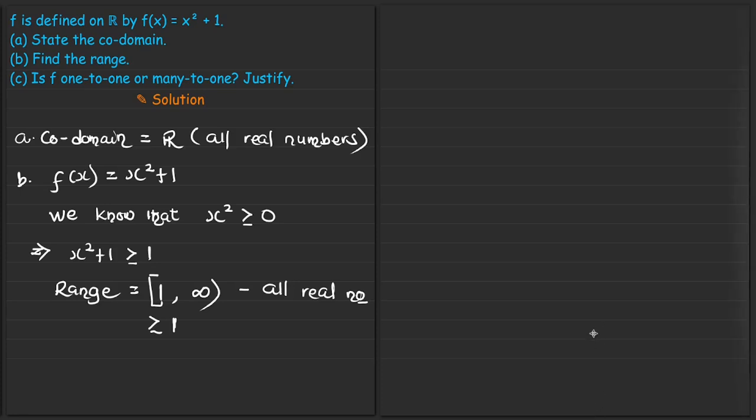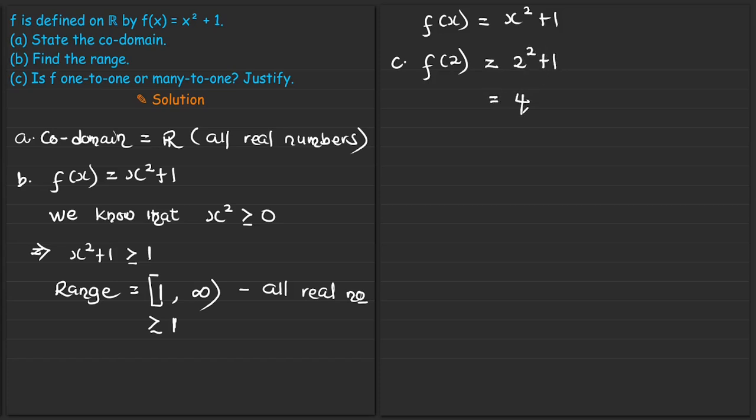So let's just find one example that will satisfy that. So for C, let's find f of 2. But first of all, we know f of x is equal to x squared plus 1. So it simply means f of 2 gives me 2 squared, then plus 1.